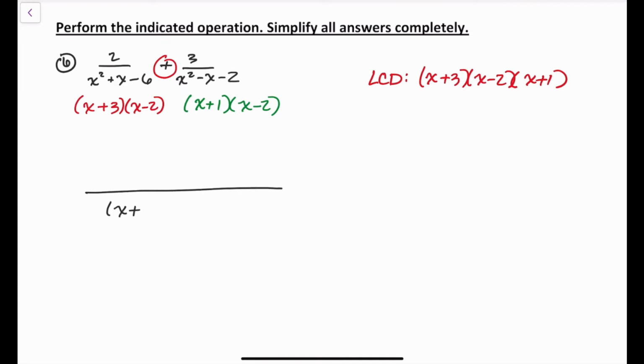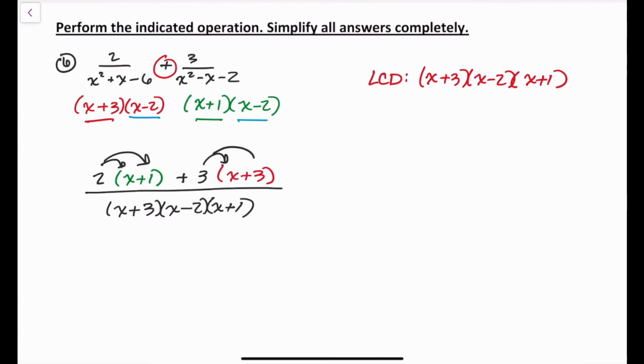So I'm going to write my least common denominator here. I already have x minus 2 in both of the fractions. So for the first fraction on the left, I just need to multiply that 2 times x plus 1. And the one on the right, I need to multiply 3 times x plus 3. And then I am good to go.